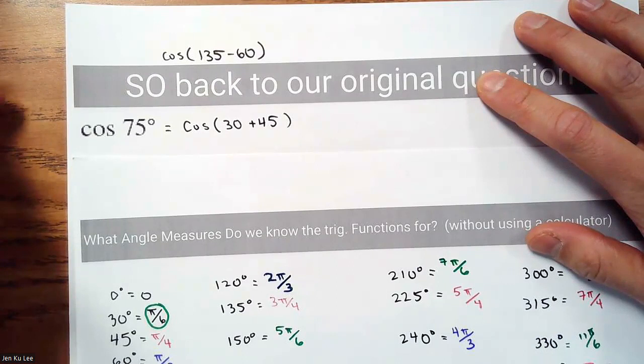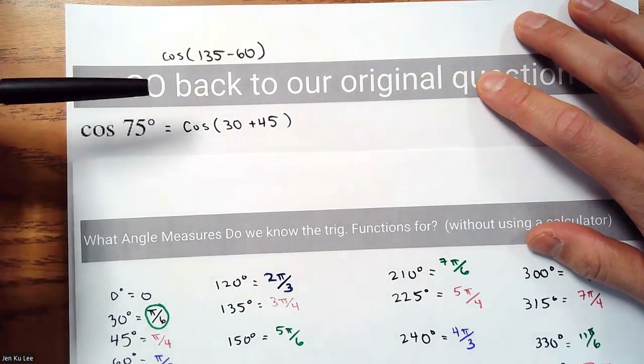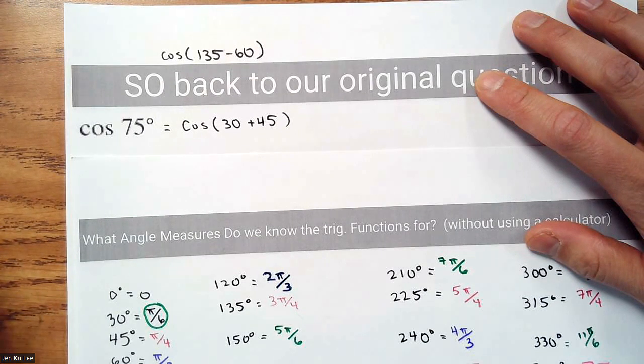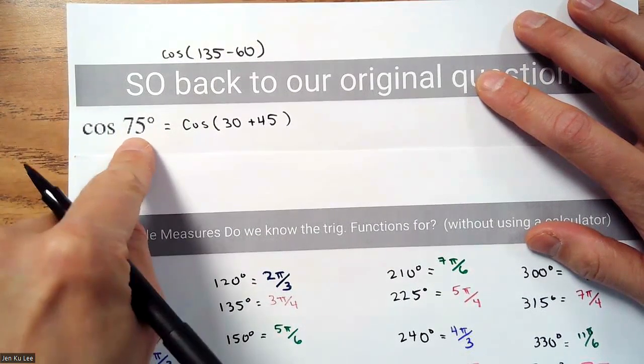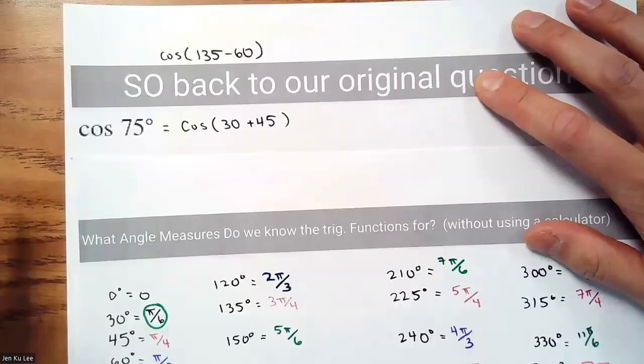Okay? It doesn't matter what combination you use. Okay, you'll get the same answer anyway. Okay? Does that make sense? As long as you get a sum or difference of 75, you're good. Okay?